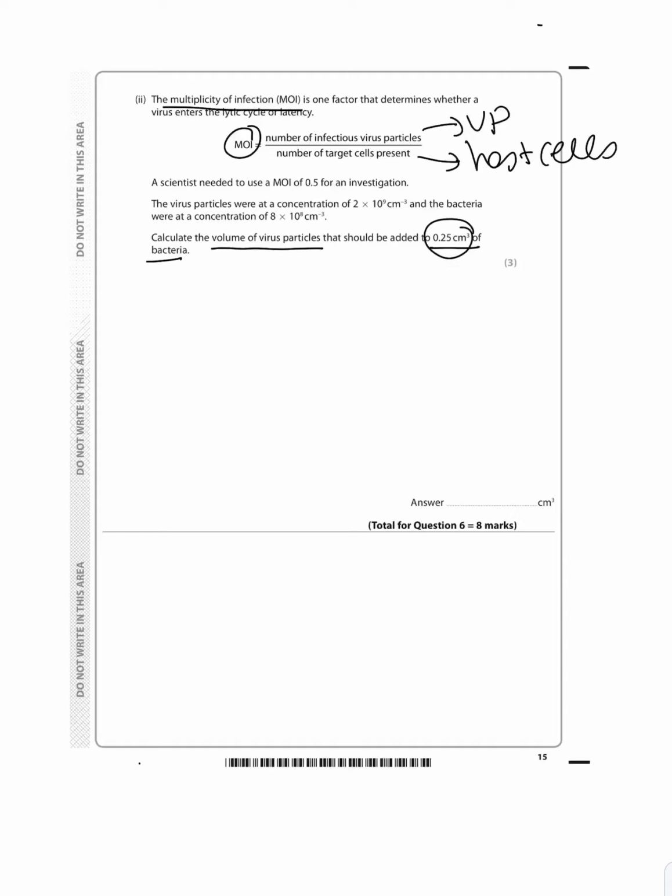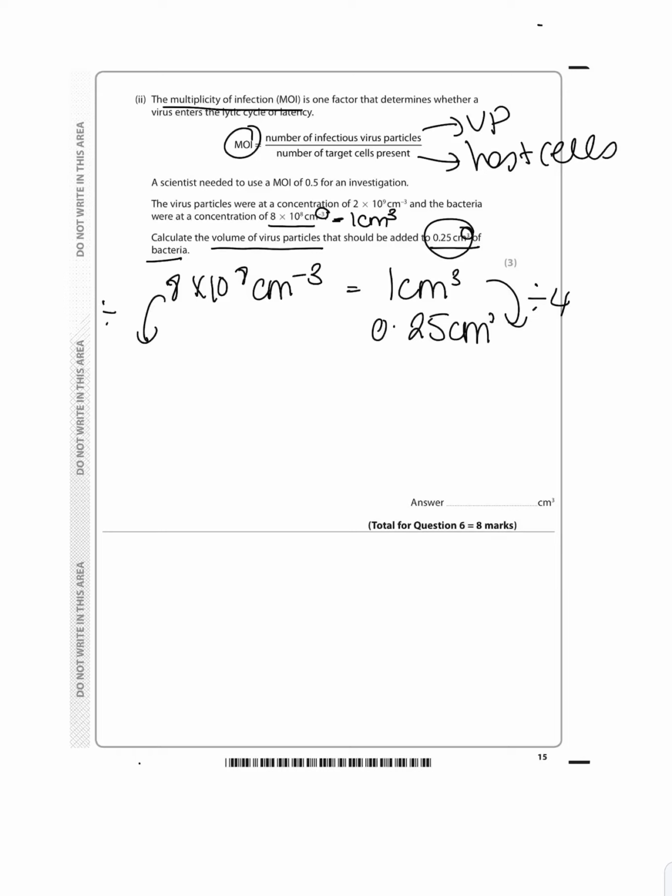The bacteria were at a concentration of 8 × 10^8 per cm³, and that means it's in 1 cm³. So we want 0.25 cm³, so we divide by 4. And if we divide by 4, we're going to get 2 × 10^8. So we've done the first bit of the calculation.